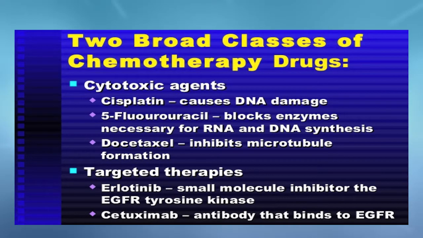Docetaxel inhibits microtubule formation at M phase of the cell cycle. And nowadays we have a more specific kind of medication called targeted therapy, which works on a specific target on the cell membrane or cell nucleus. Examples are erlotinib and cetuximab, which are antibodies that bind to epidermal growth factor or epidermal growth factor receptor tyrosine kinase.